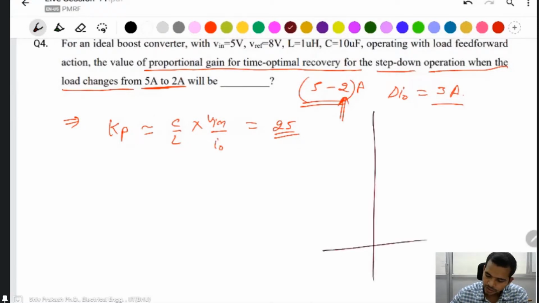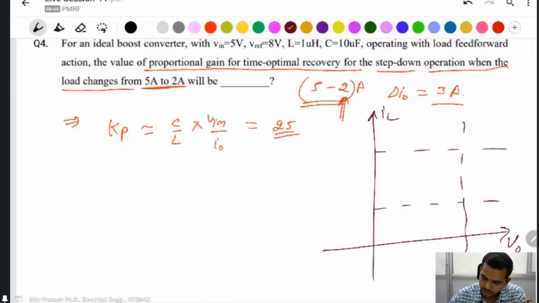Same trajectory you will use. Take V naught and IL, and then the 2 points. This one is V reference, this will not change because it is the output voltage. This one is I naught 1, this one I naught 2 or IL. Change from here to here; once the trajectory is given, go here, after that go here.